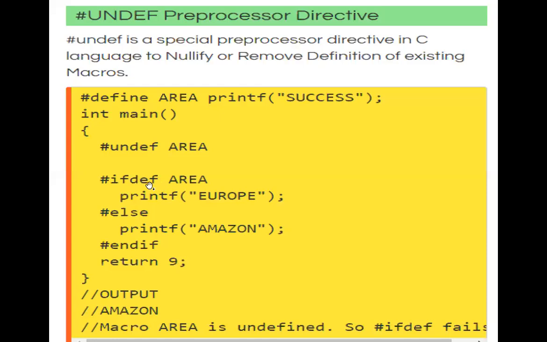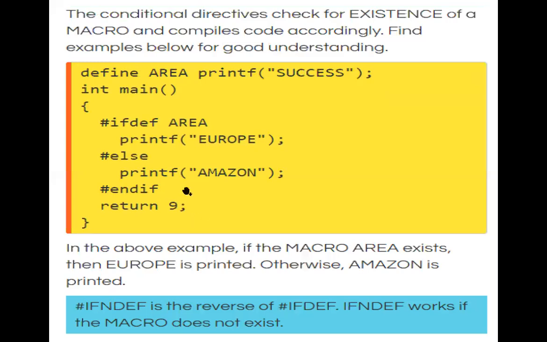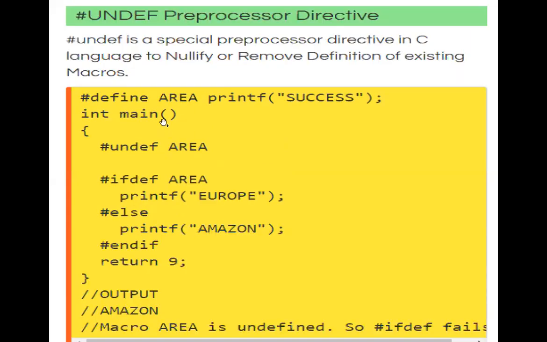In this particular declaration, #ifdef AREA, since you have already undefined it, there is no AREA macro, so you will be printing Amazon here, not Europe. In the previous example, you get the output as Europe because there is a definition for AREA. But here you have removed that definition, so we get the output as Amazon.